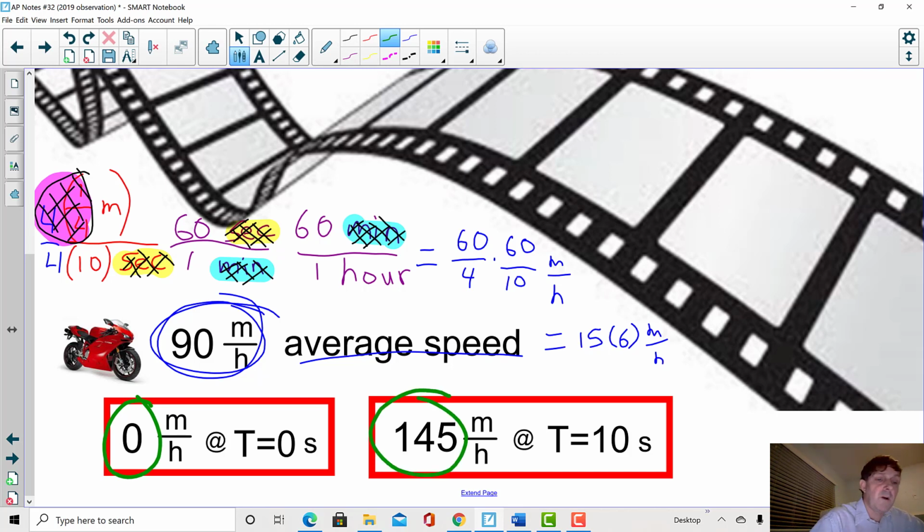And that's because we started at 0, and the motorcycle ended up at 145 miles per hour. So according to the intermediate value theorem, we would be guaranteed all intermediate heights, in this case all intermediate speeds, and so 90 miles per hour is an intermediate speed. So the intermediate value theorem also guarantees that there's at least one time inside of that interval where our motorcycle was going 90 miles per hour.